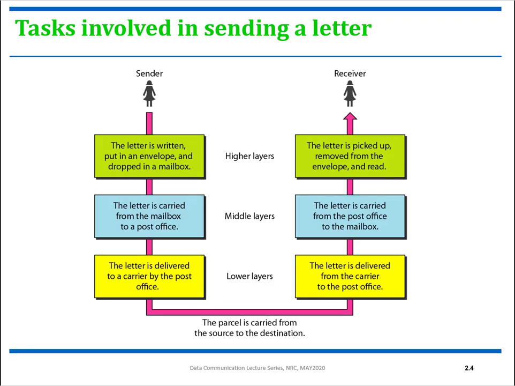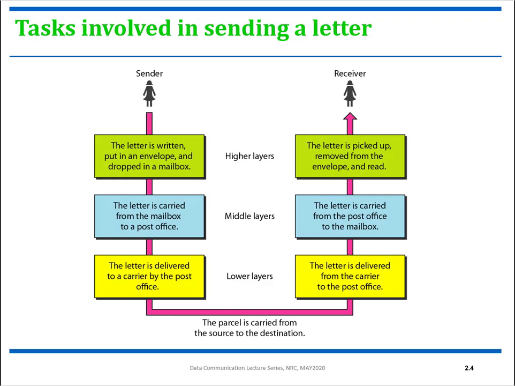The second step is that the letter is carried from the mailbox to a post office. The third is that the letter is delivered to a carrier by the post office, which sorts it by analyzing the address on the envelope and carries the letter from one district to another district. This is a physical movement.